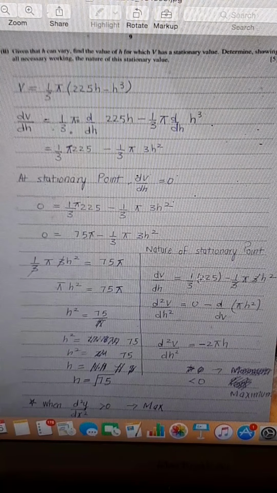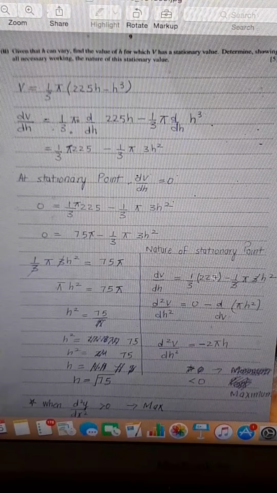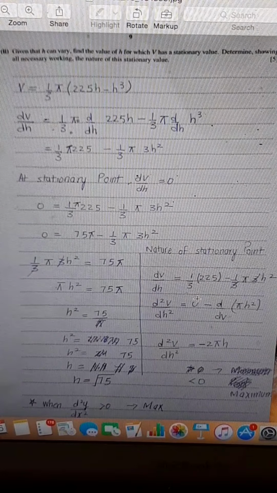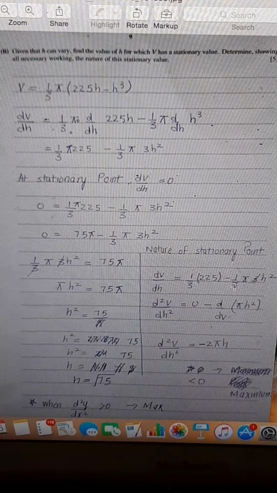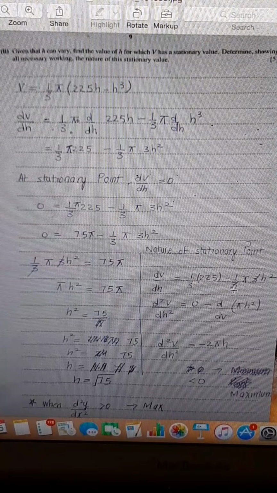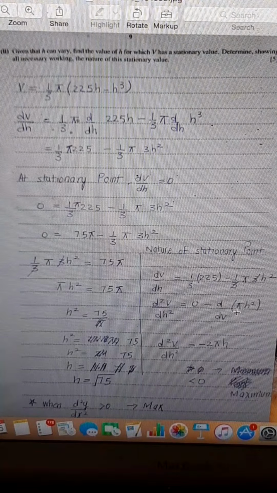So when you take the derivative of 225 into 1/3, both are constant, so the derivative of a constant is 0, minus the derivative of 3, and this 3 and 1/3 will be cancelled. So the derivative of pi h squared, now pi is constant, so we will take out pi as it is.